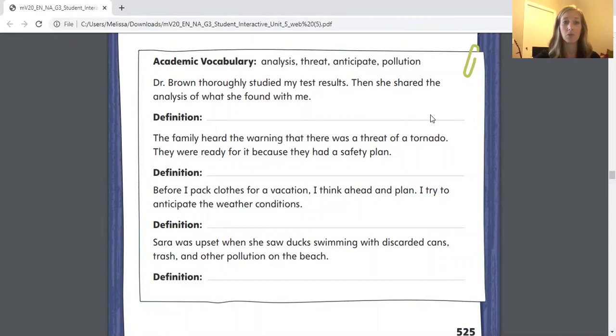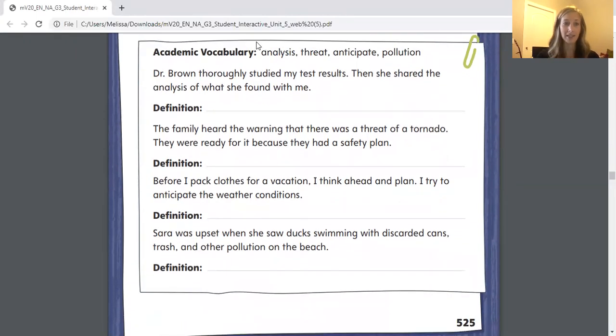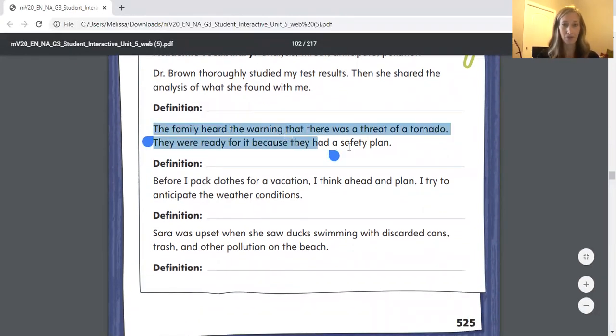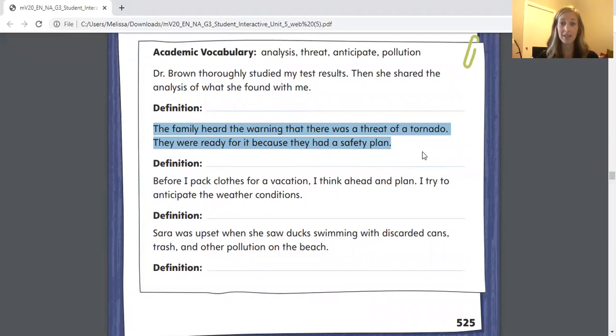Okay, let's move on. Our next sentence reads, I'll highlight it for you so you can see where I am. The family heard the warning that there was a threat of a tornado. They were ready for it because they had a safety plan. So our word is threat. Go ahead and underline the word threat.